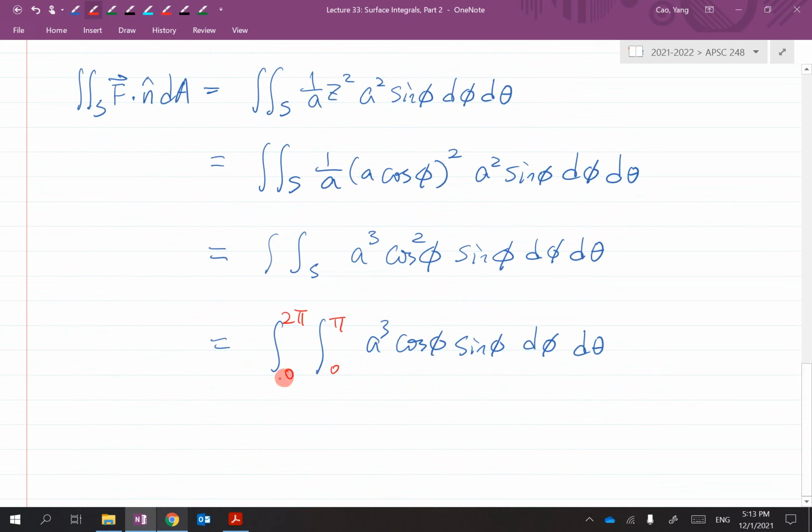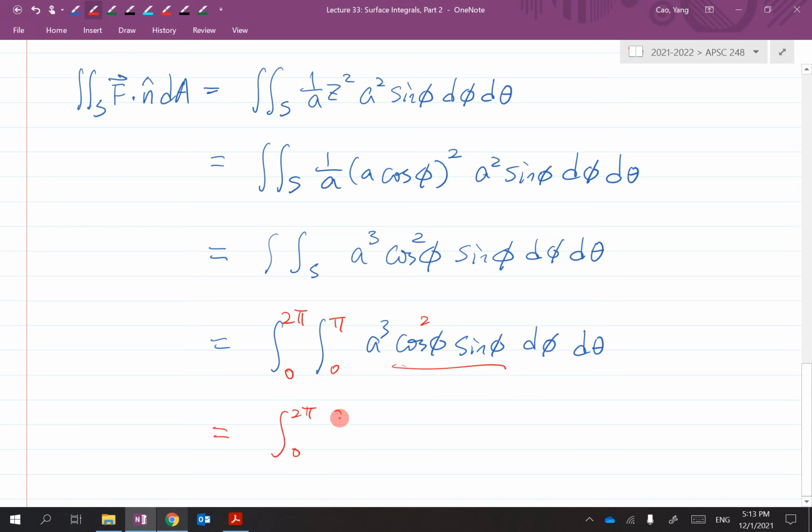Finally, you can calculate this double integral. When you calculate the double integral, the first step is d phi, and for this question, I missed a square here. A simple substitution technique should be enough.